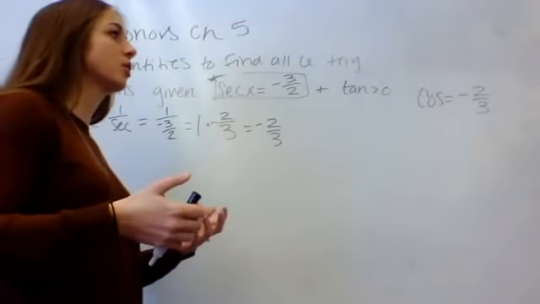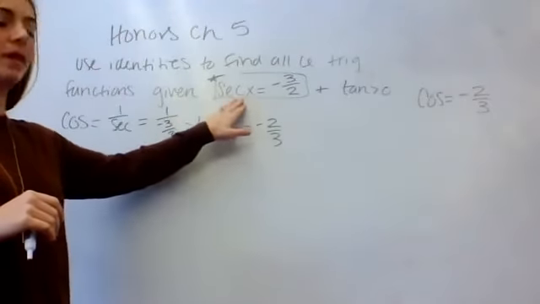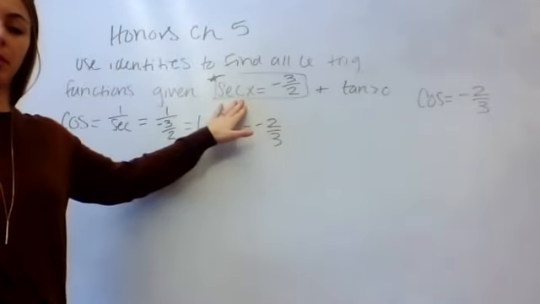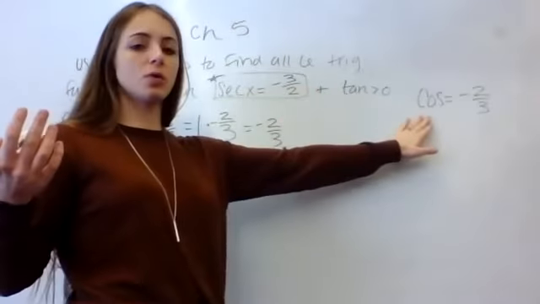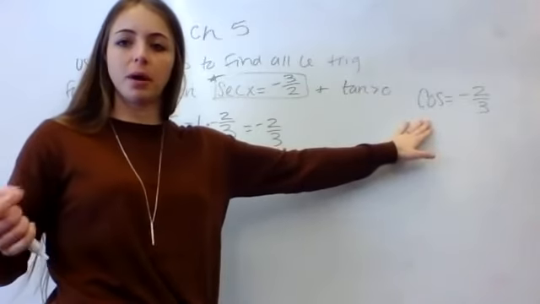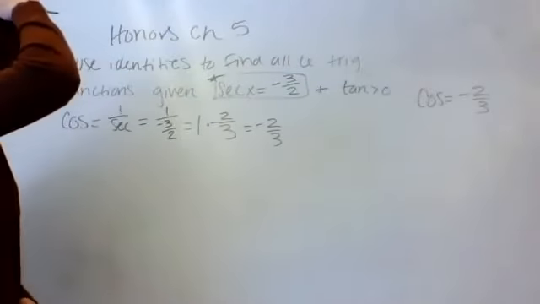The one that's striking me would be sine squared plus cosine squared equals 1. Why that one in particular? I could use any one that I really want. Knowing that I have secant, I could use a different one involving secant. But because I like to know sine and cosine, because that helps me find my quotient identities, that's the first one I'm going to go with.